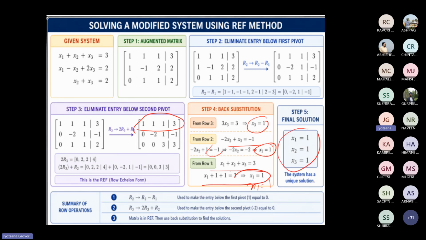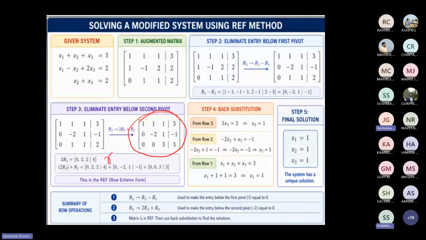Now here you have only one unique solution. You cannot give any other value to x1, and x2 also has only one value. So you say the system has a unique solution, but the point to be noted is why it has a unique solution. Look at this final REF form and look at the rank.